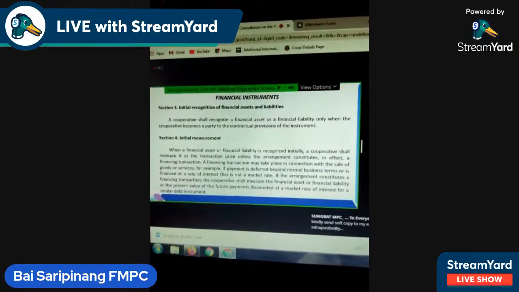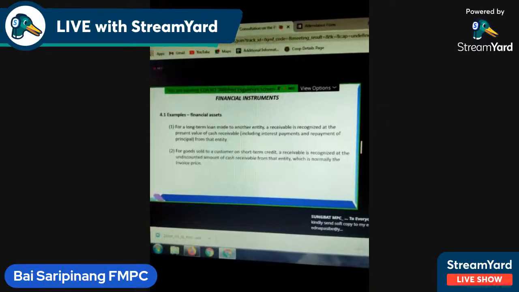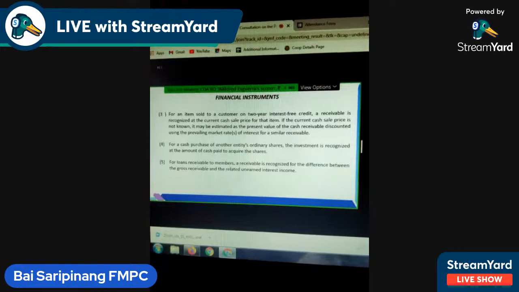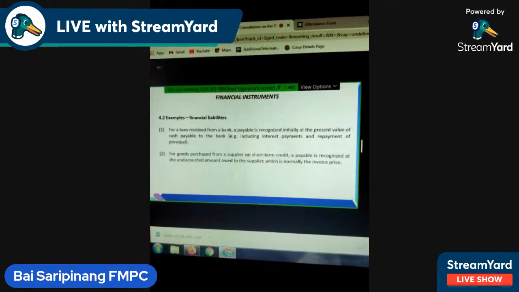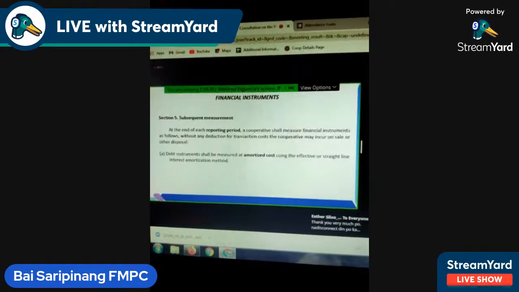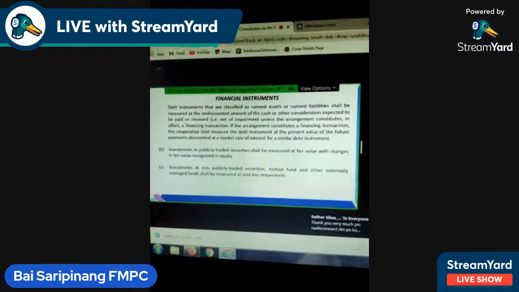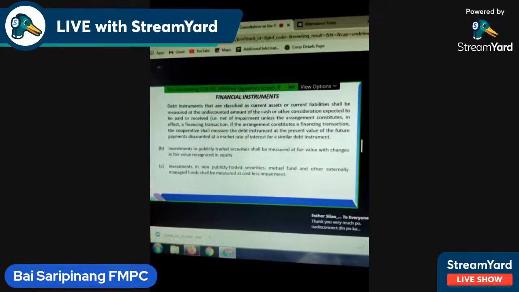Now, on the initial recognition of financial assets and liabilities, just the same with its initial measurement. Wala po tayong binago. No? The examples are just the same. Maintain po natin yan as well as the financial liabilities. The subsequent measurement of these financial instruments, pareho lang din po.